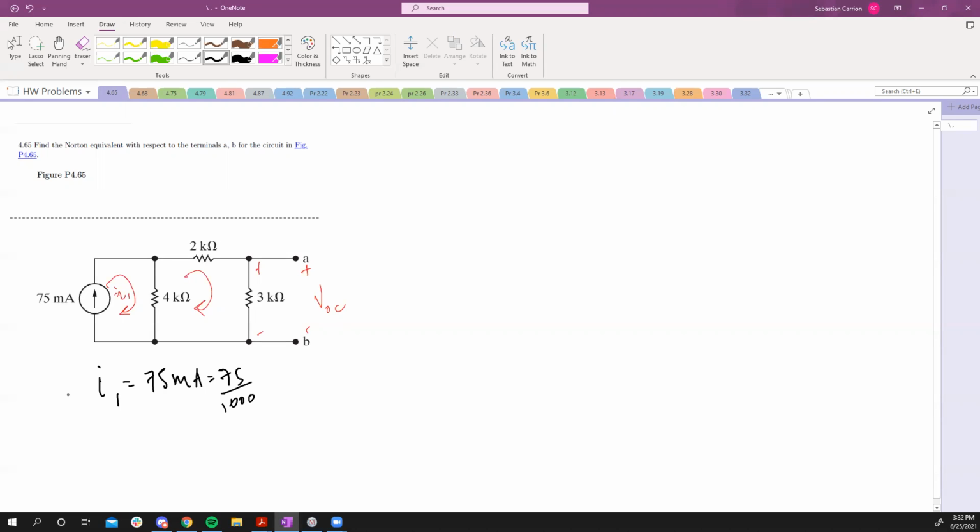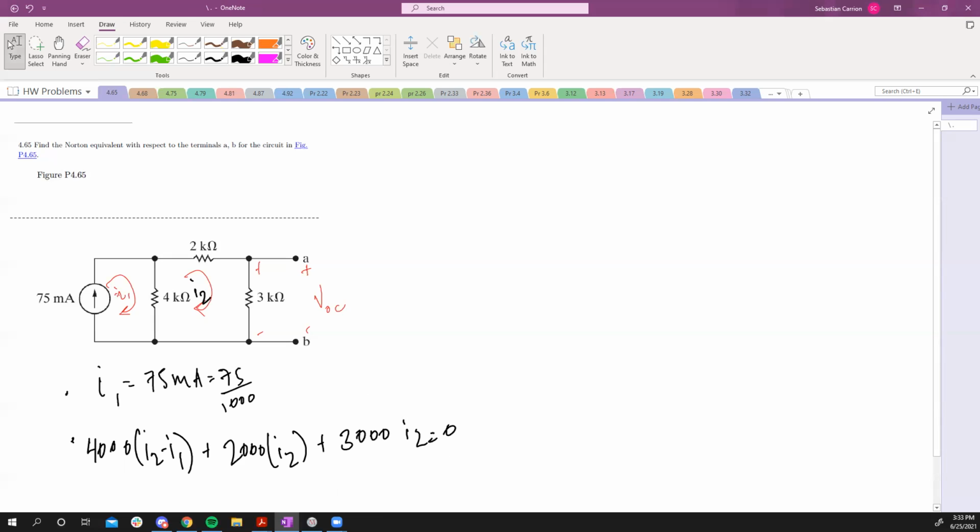And then our second equation, I'm going to call this I2, right? So we have 4,000 times I2 minus I1, plus 2,000 times I2, plus 3,000 times I2 equals 0.